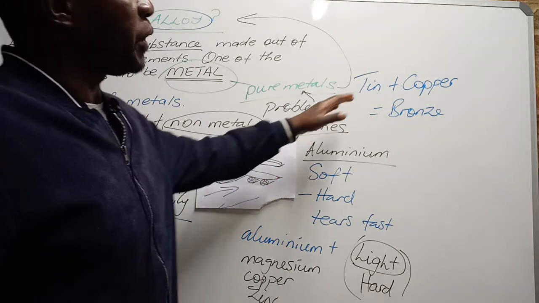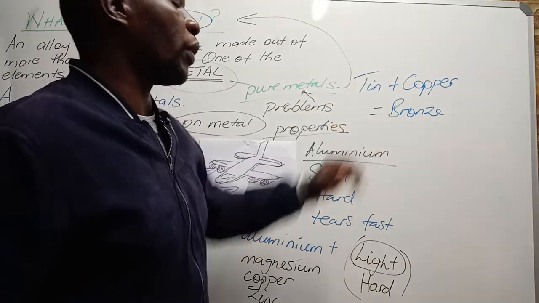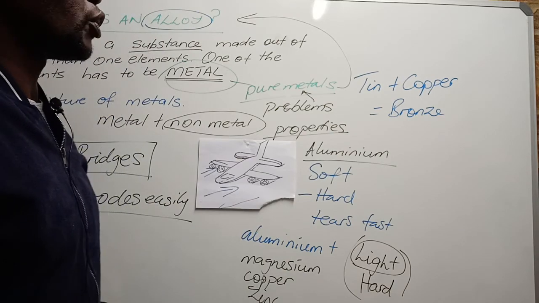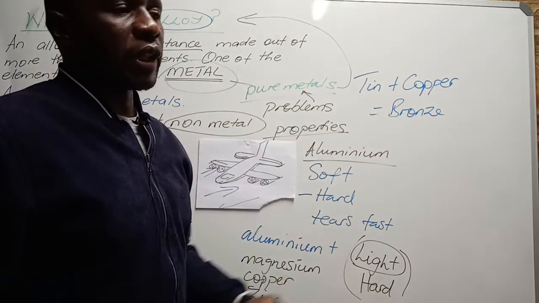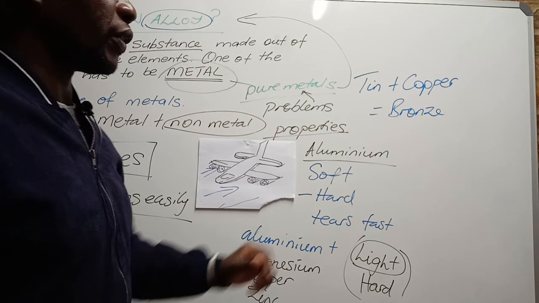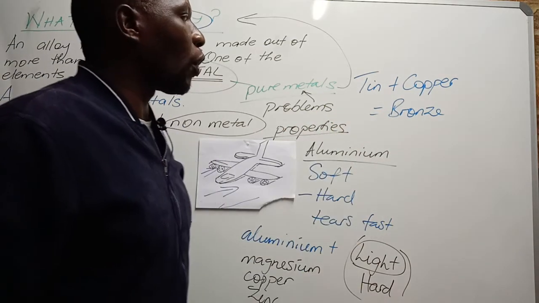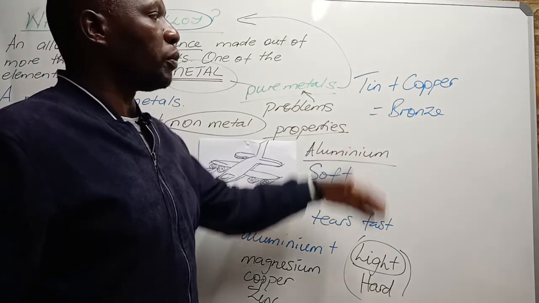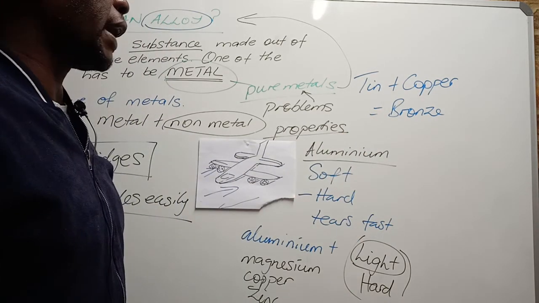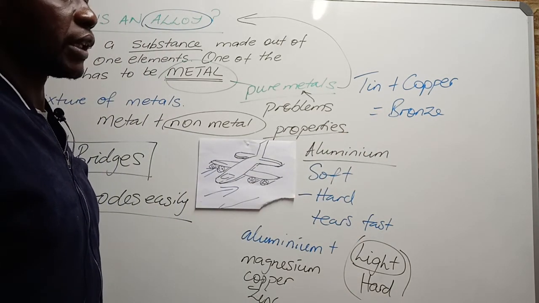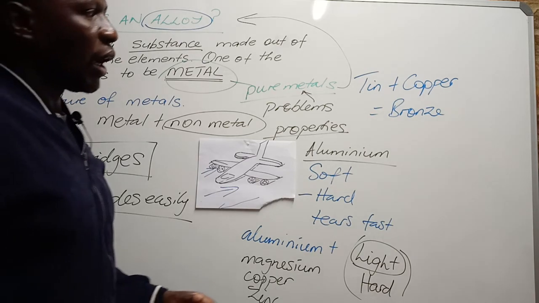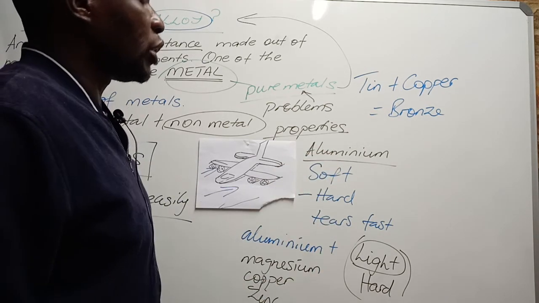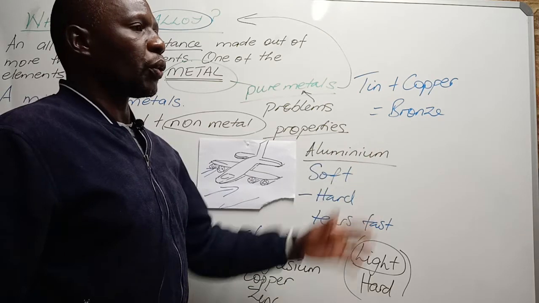Then tin was mixed with copper to come up with bronze. So now this bronze has got properties of resisting corrosion, as well as improved properties of conducting heat and electricity. Bronze is an alloy that is used in manufacturing tools.